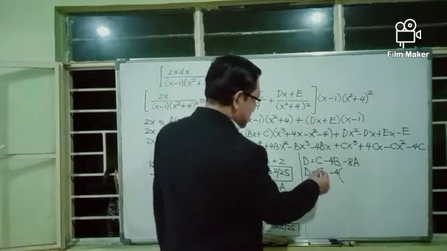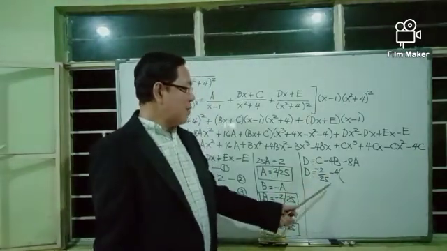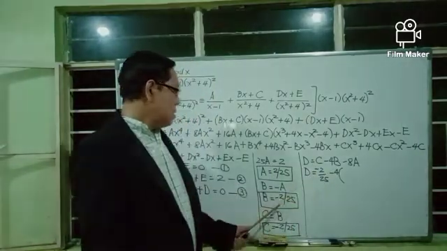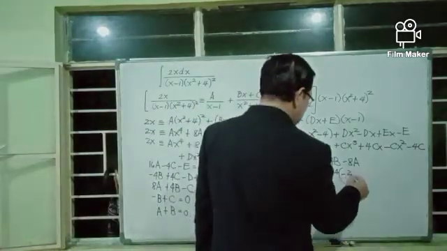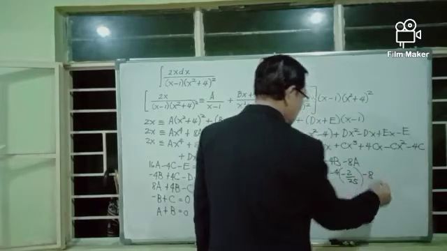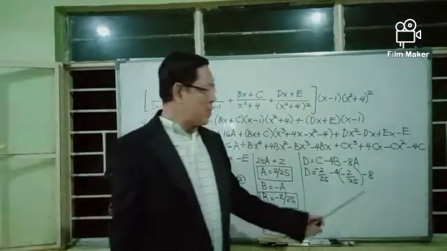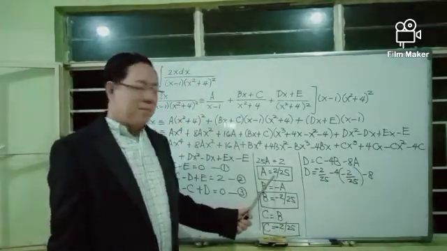And this is c, negative 2 over 25, minus 4 times b, negative 2 over 25. Minus 8 multiplied by a, but a is 2 over 25.